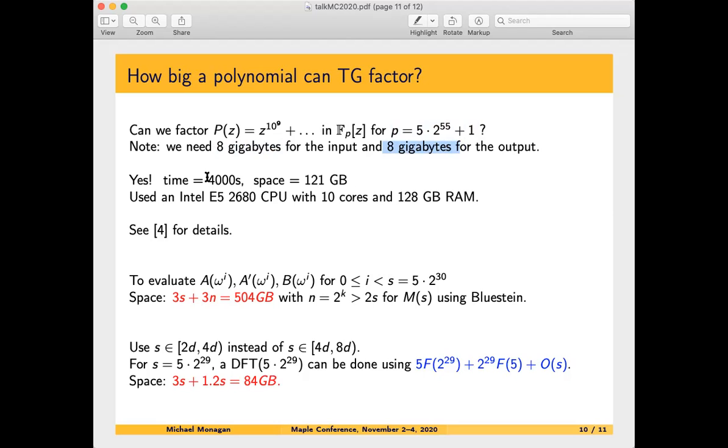So after trying to optimize the algorithm for space, I did succeed in actually computing the roots of a polynomial of degree 1 billion. It took just under 4,000 seconds, and I needed 121 gigabytes to do it. My machine has 128 gigabytes, so I was working to cram it in to make it work.